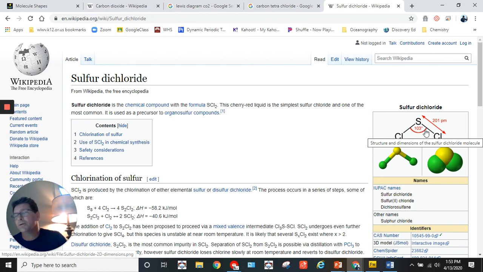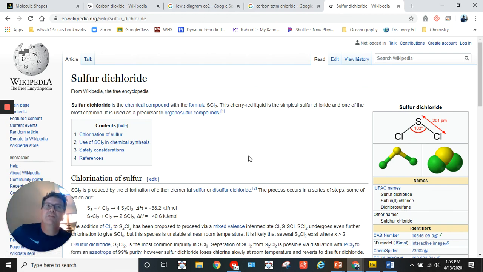This one's down to 103 degrees. So you can look up any of these angles. You're more than welcome to use the angles that are given by the PhET simulation as well. But you'll find if you go online, you can get a more accurate measure of those bond angles.